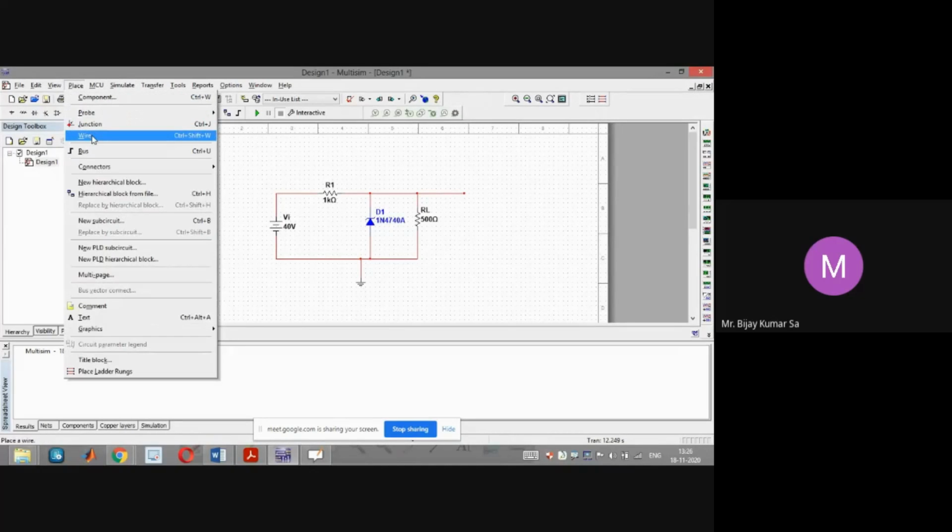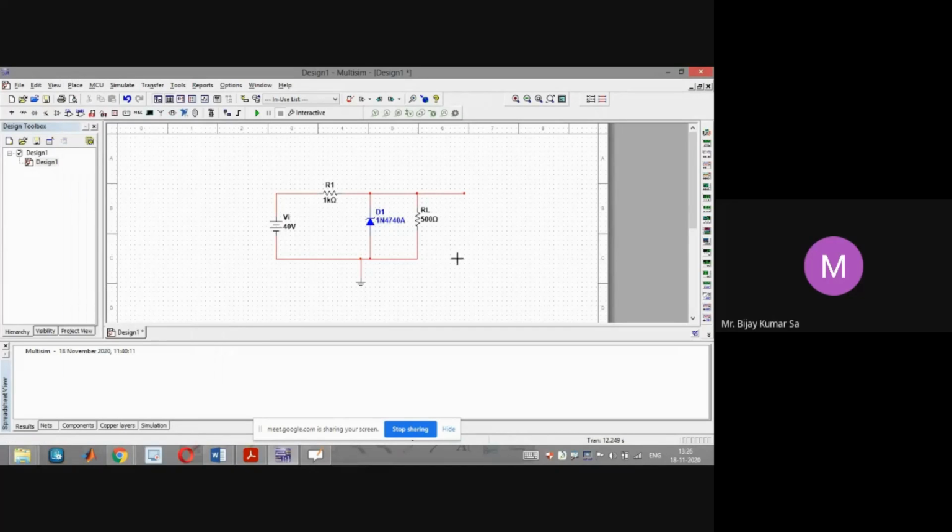I can show you a very interesting thing here. The same discussion which we have done now about the relationship between the output and input, we can do it in the form of a graph, and that will be interesting. And it will be more helpful if somebody is not able to understand.